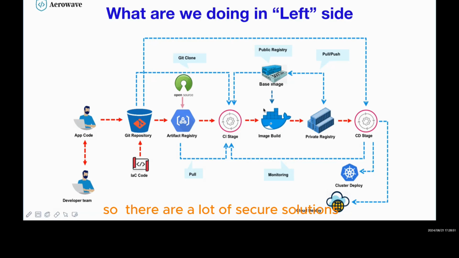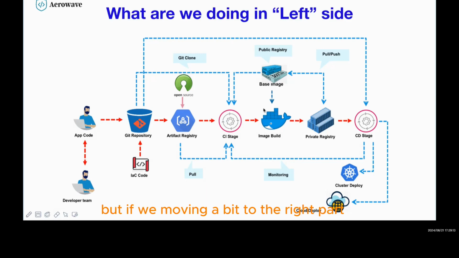There are a lot of security solutions. In the left part, we may have SAST, or SCA for vulnerability scanning, IaC for misconfiguration scanning, secret detection for sensitive data scanning, and also some tools for image scanning. This is usually what we do in the left part.